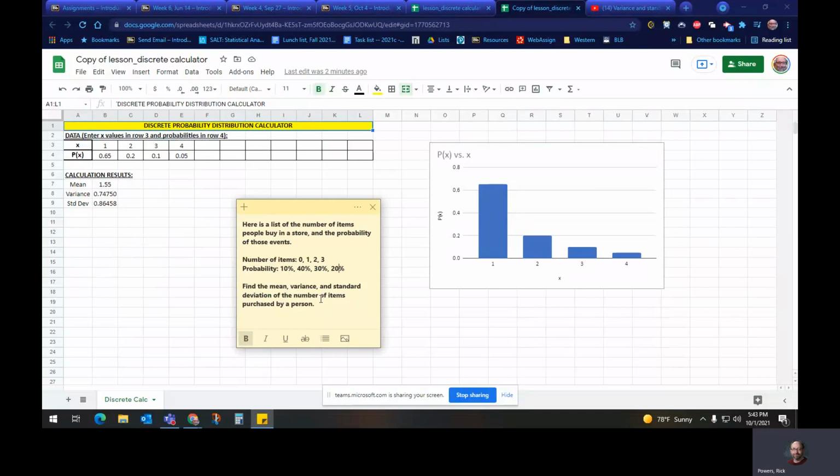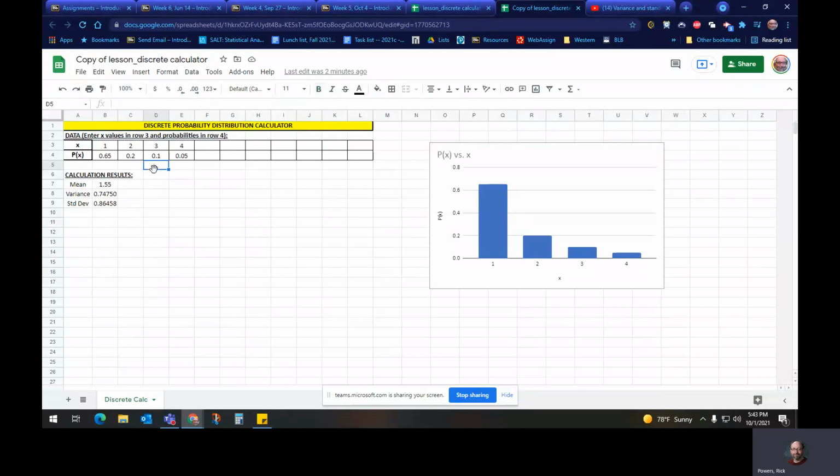So we can use this discrete probability distribution calculator to make this work. Now I'm just going to write these numbers down, 0, 1, 2, 3, and then 10, 40, 30, and 20, so that when I click on here, my little note goes away and I wrote down those numbers.